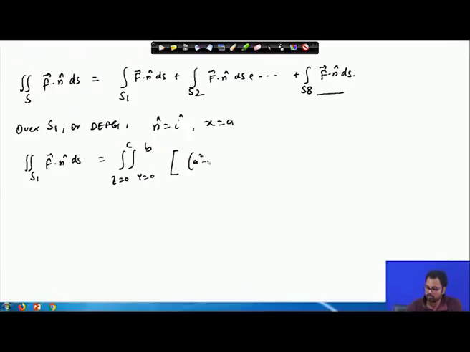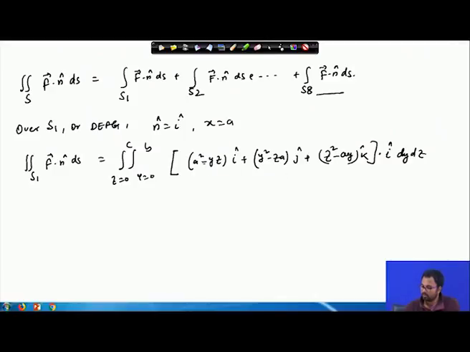So, basically (a square minus yz) times i, and then we have (y square minus zx), so x equals a, times j, and (z square minus ay) times k, and then our normal is i, and dx dy dz.